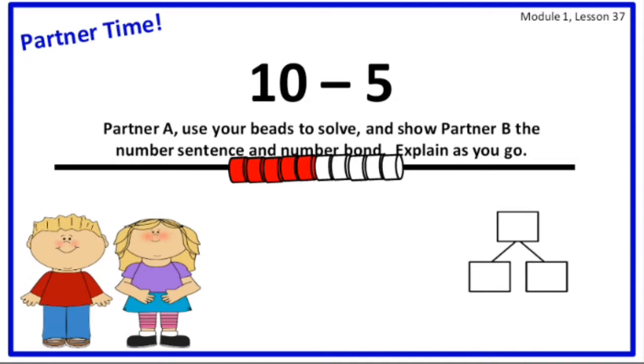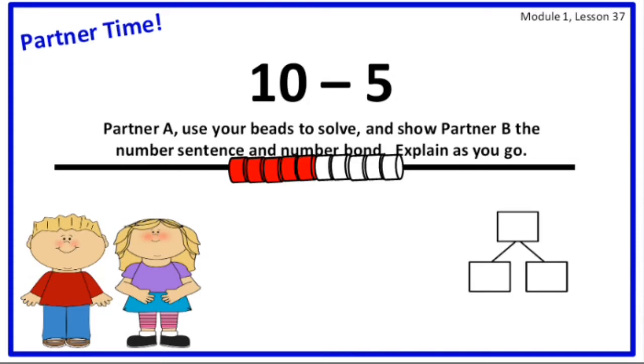Explain as you go. So I have how many beads here? Let's count. Partner A has how many beads? 1, 2, 3, 4, 5, 6, 7, 8, 9, 10. Partner A has 10 beads.